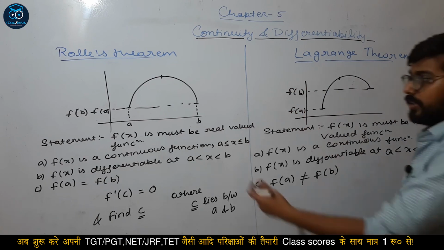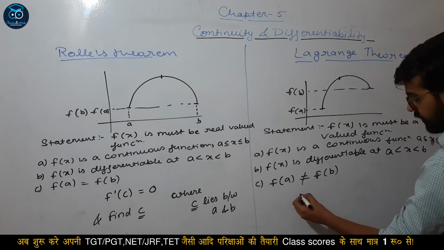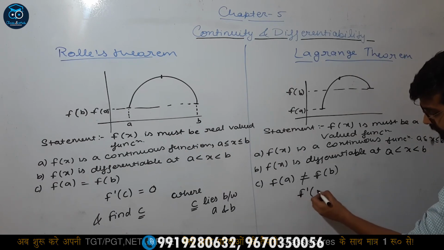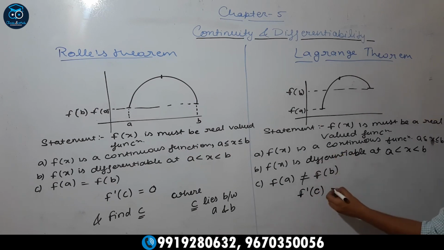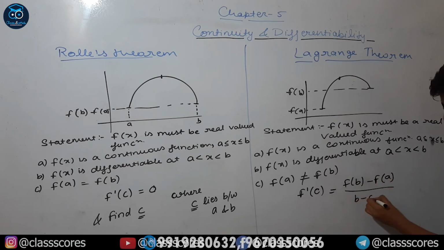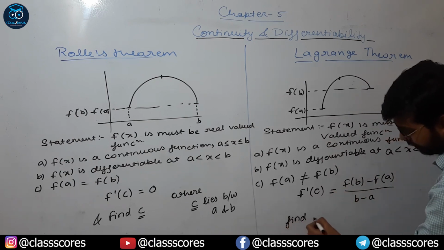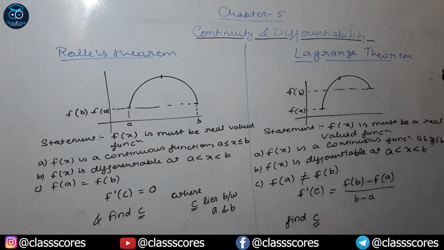If it is equal, then Rolle's theorem is applicable, and if it is not equal, then we can find this with the help of this. If this condition is satisfied, then f dash c equals f of b minus f of a upon b minus a, and with the help of this equation we can find the value of c, and this c lies between a and b, and this c represents the mid value of the given function.